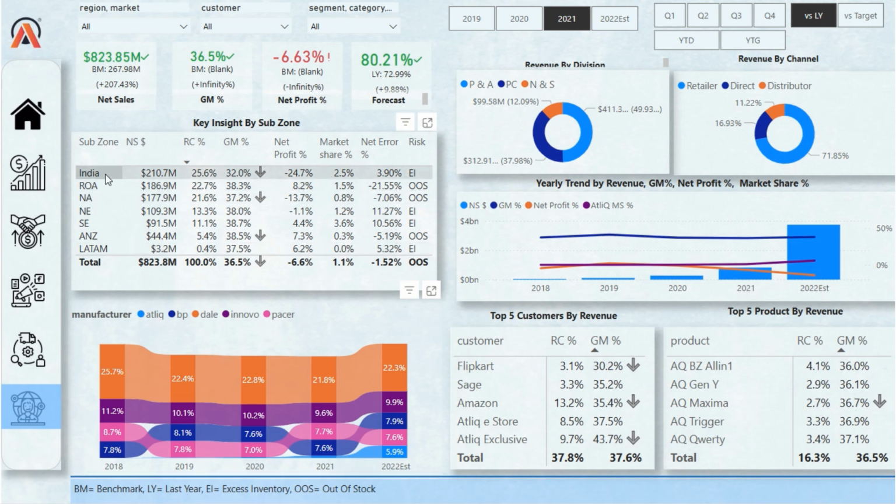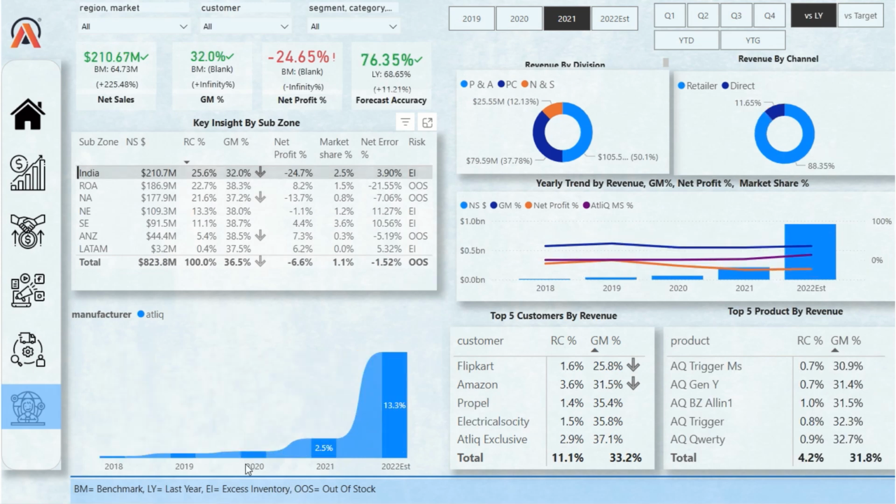And if you particularly want to see what is happening on a sub-zone-wise level, you can simply tap on it. Here you can see this zone-wise data: which customer is performing in that particular zone, what are their top five product revenues, and all of this data. And simultaneously, if you are an executive, you will come to this dashboard.